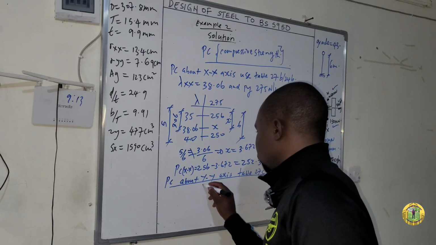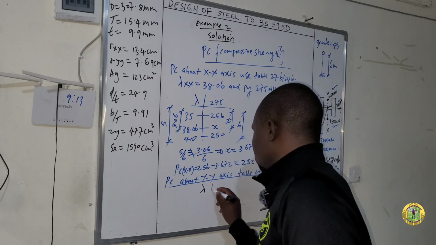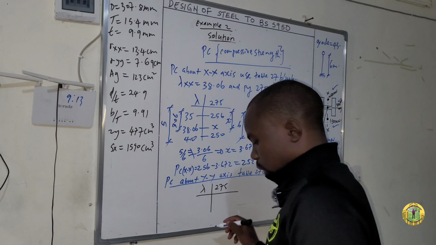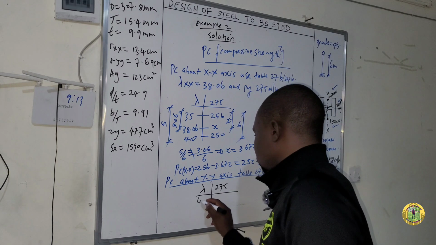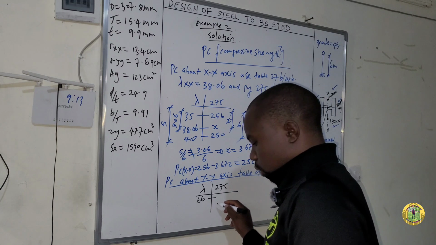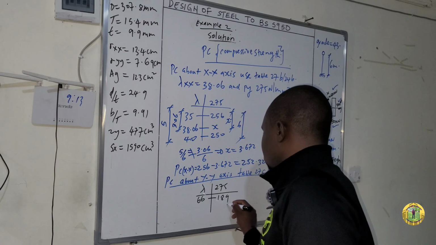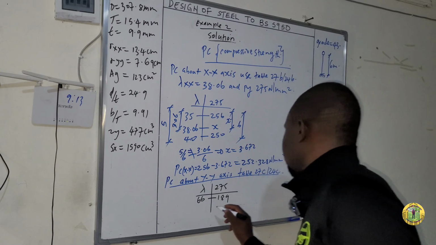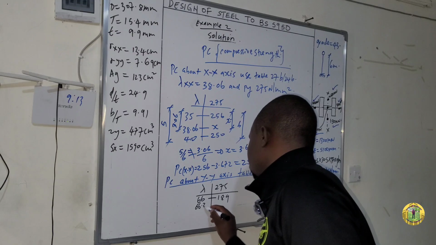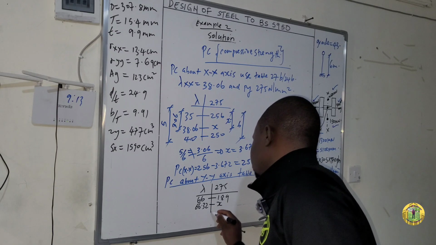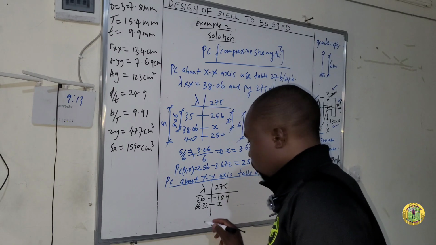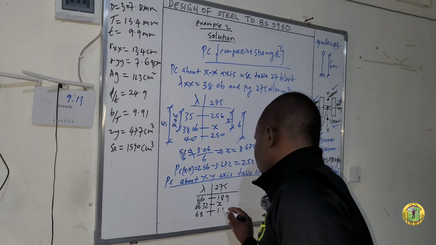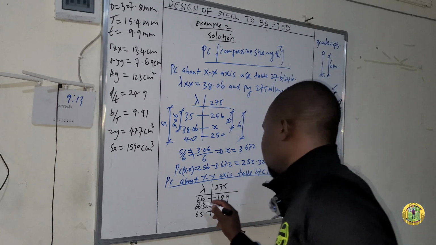So we have 275. So we have 66 corresponding to 189. And then our value here, which is 66.32, corresponding to x. Then we have 68 corresponding to 185.